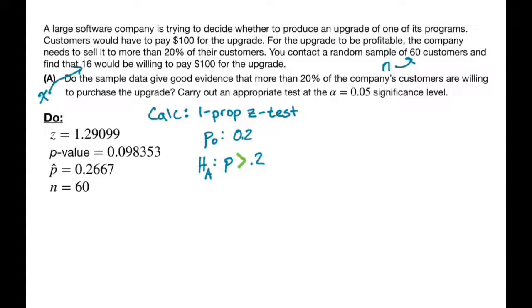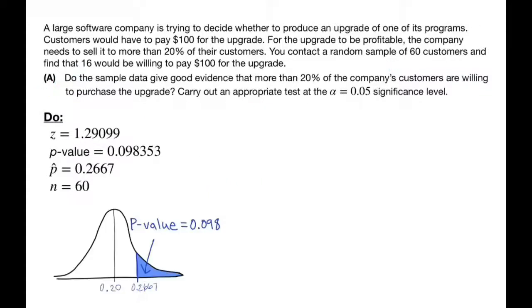When you run the test, you see we get a z of 1.29, a p-value of about 0.098, a p hat, that's our sample proportion, is 0.2667. We got that from doing the 16 over 60, and then our sample size is 60. Along with these calculations, you should also draw a graph.